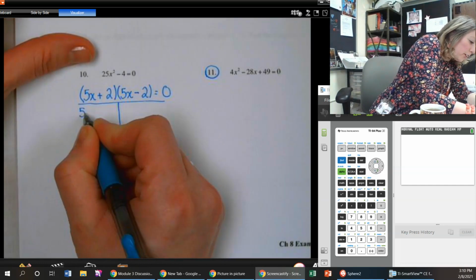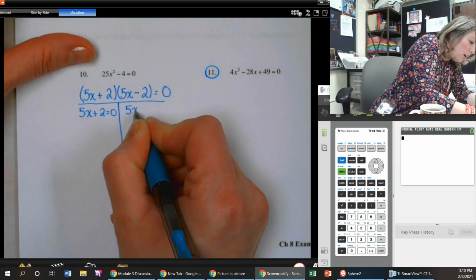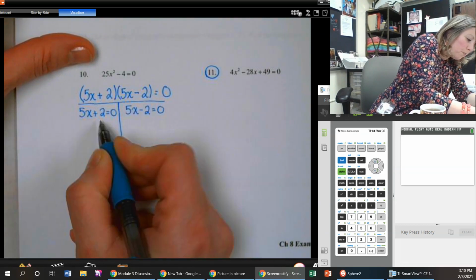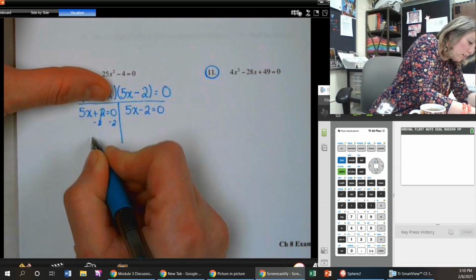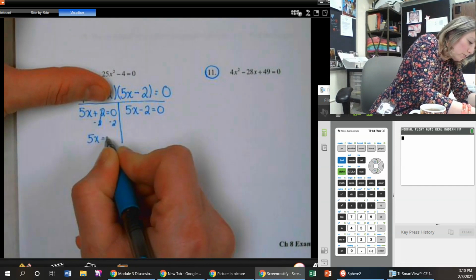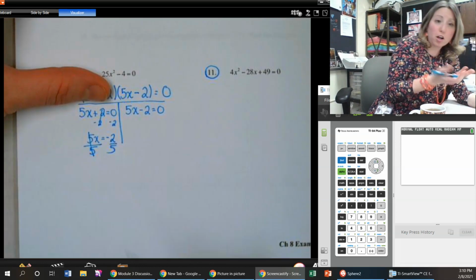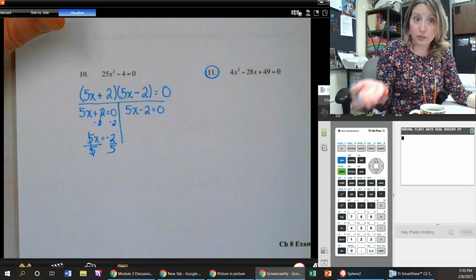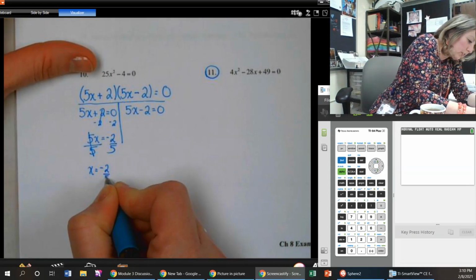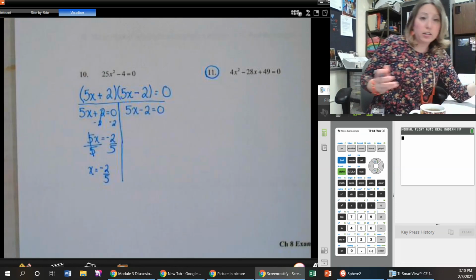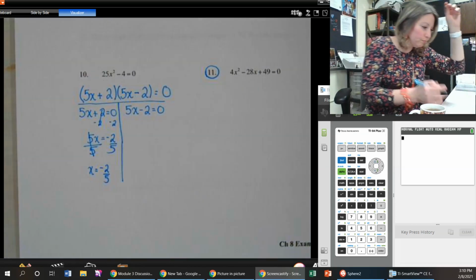Now set each factor equal to 0. So bring down each factor, set it equal to 0, and now we need to get our x alone. So I'll start by subtracting 2 to the other side of the equal sign here. I get 5x equals negative 2. Well, to get x alone, I divide both sides by 5, because the opposite of multiplying by 5 is divide both sides by 5. I get x equals negative 2/5. And of course, fractions are rational answers, so leave it as is. No need to convert.